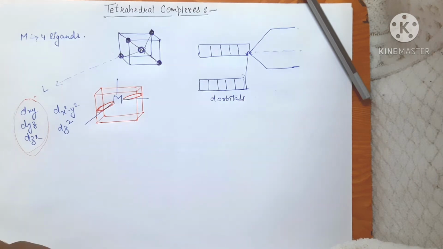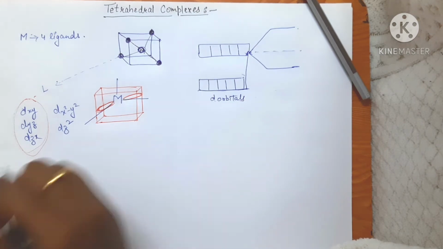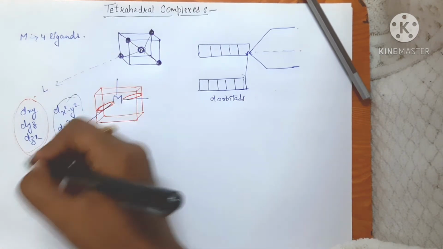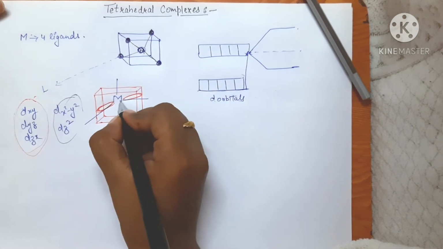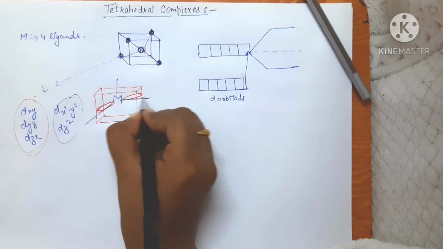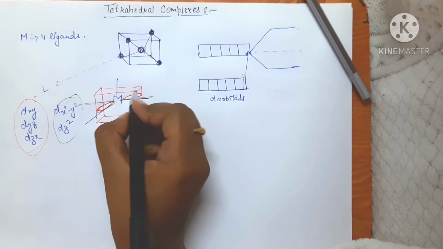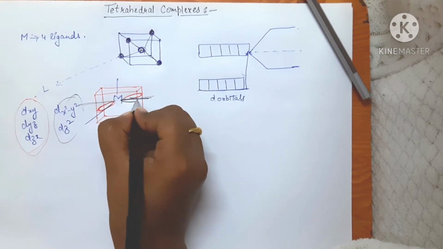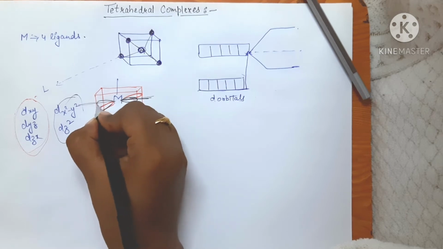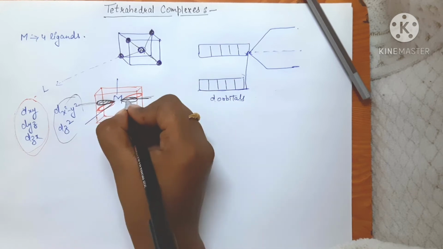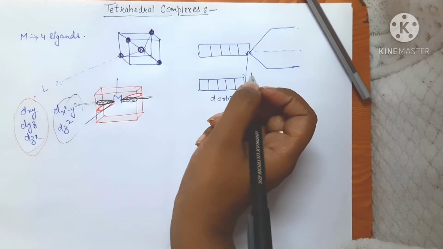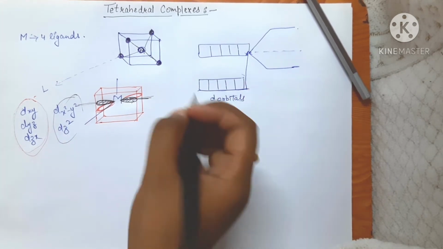And if I talk about the dx square minus y square and dz square, these orbitals are present along the axis. So this is the x-axis, right? If suppose this is the x-axis, then they will be oriented along the axis like this. Here also I am showing one of the orbitals. So the orientation of these orbitals will be like this.